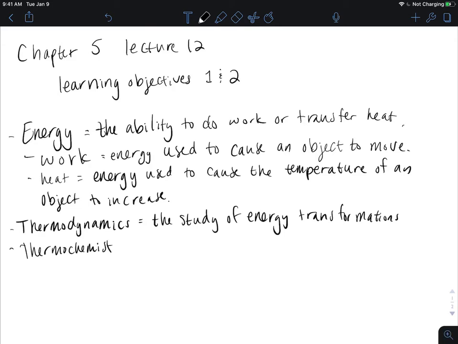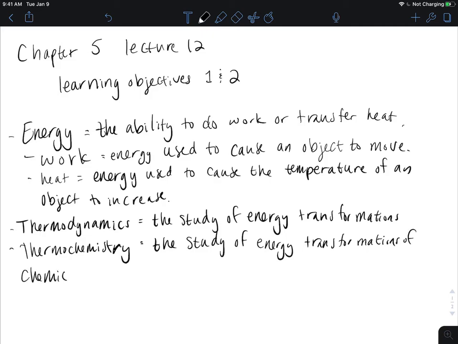So looking at those energy transformations, but of a chemical reaction. Or I guess I should say the study of. Let's go with that. So here our chemical reactions are what are causing these energy transformations.